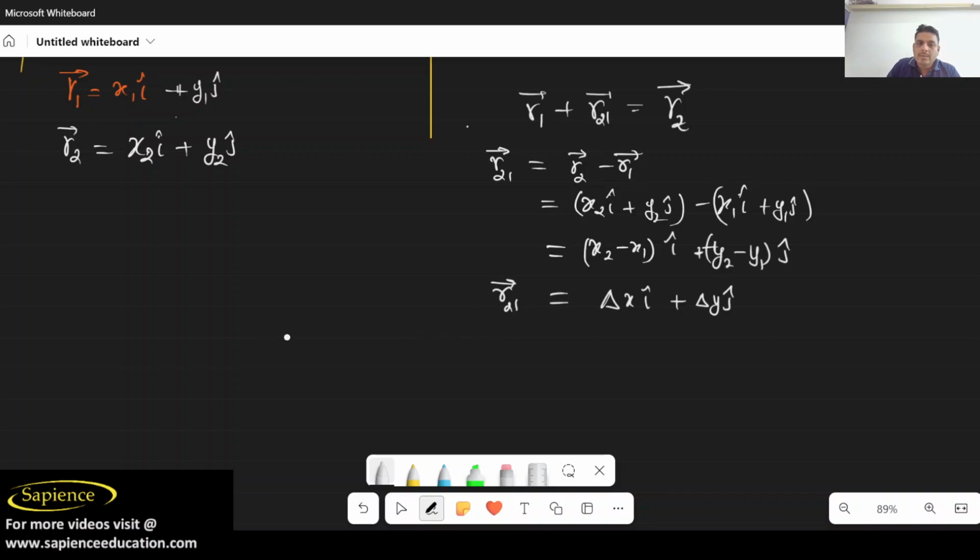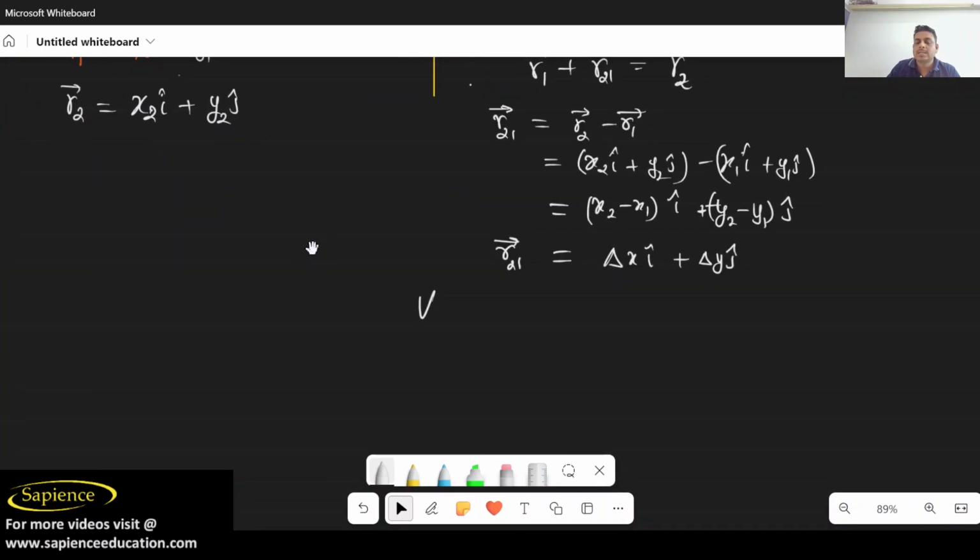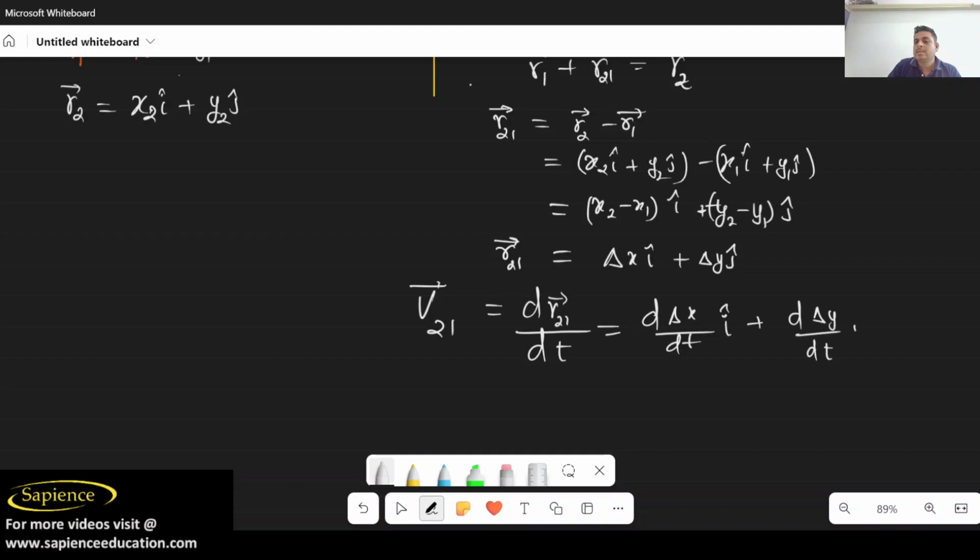Okay. So if I want the velocity at which this position changes, the velocity of an object when it travels from point 1 to point 2, what will be the velocity? Velocity can be represented as displacement by time t. So velocity v21 can be represented as d r21 vector by dt, that is equal to d del x by dt into i cap plus d del y by dt j cap.